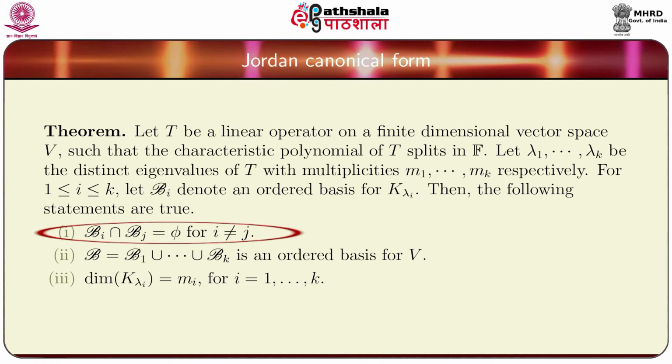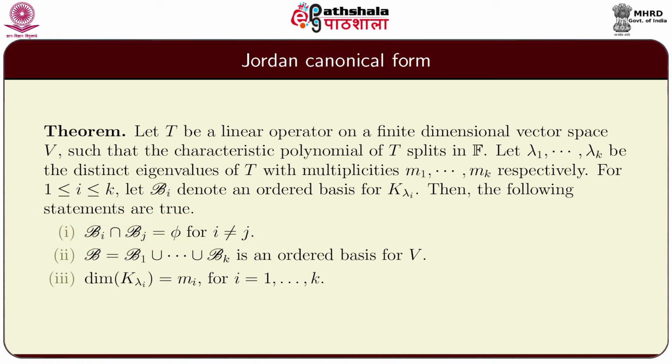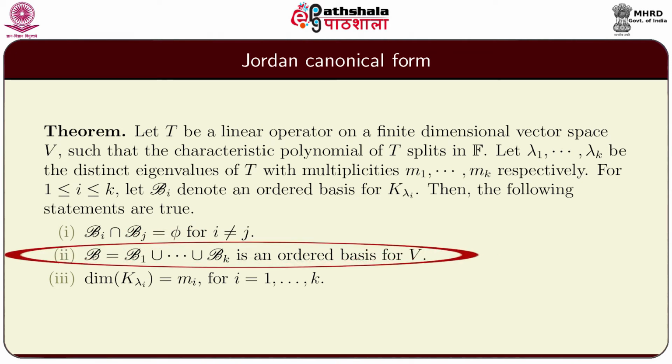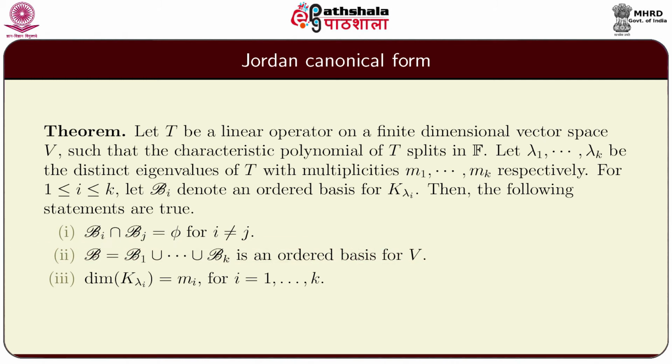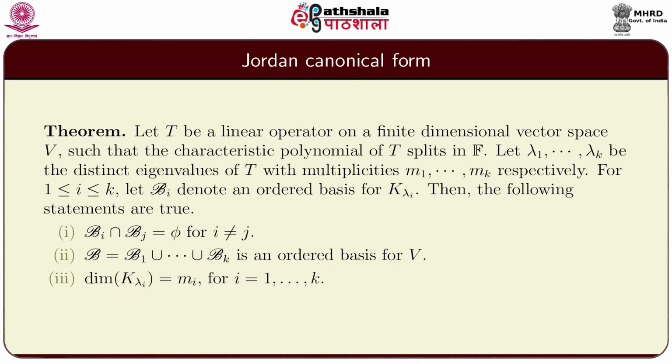Bi intersection Bj is the empty set for i not equal to j. 2. B, that is the union of B1 and so on up to Bk, is an ordered basis for the vector space V. And 3. Dimension of K_λi is mi for i equal to 1 to k, where mi is the multiplicity of the eigenvalue λi.